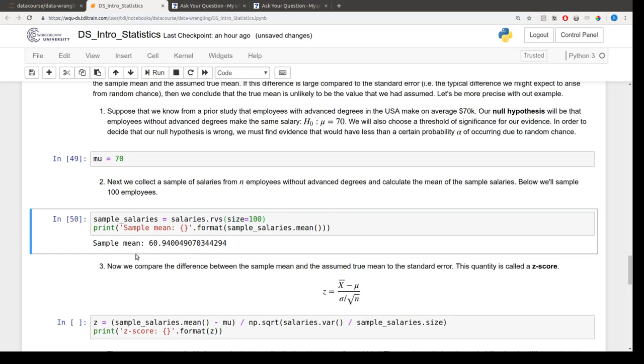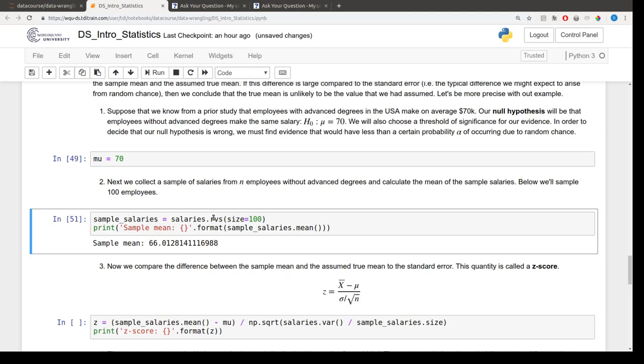And you find that the sample mean, or the mean salary in your sample, is $61,000, or $60,900, or $60,940. Close enough, 61,000. Keep in mind, you might get a different number here than I do, because this is a random sample.